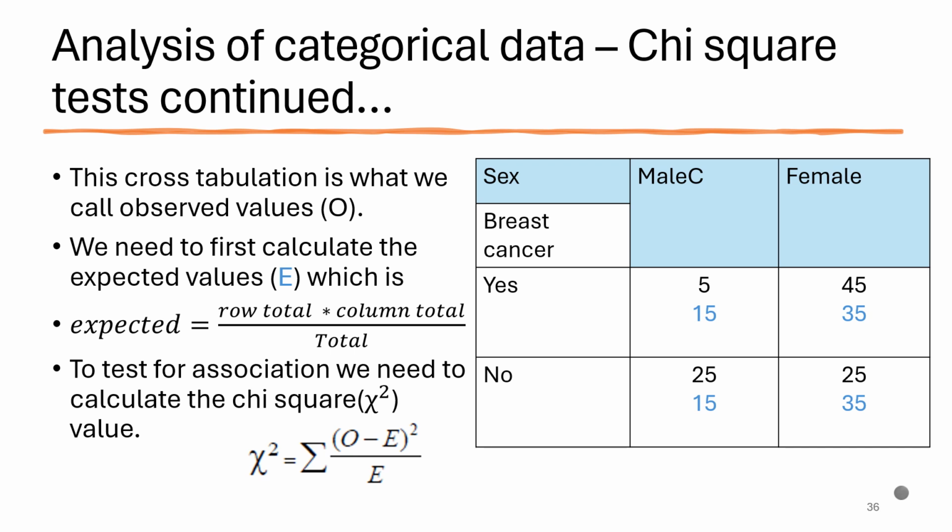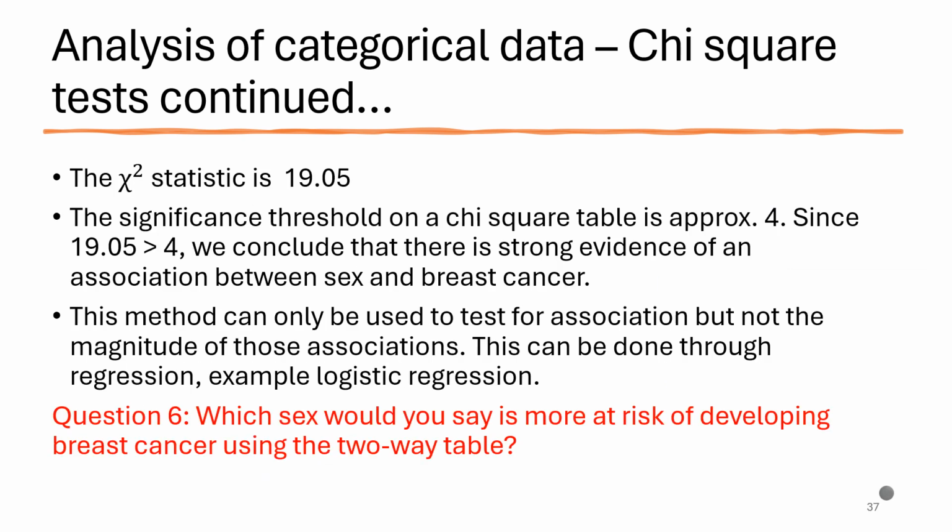So to get the chi-square statistic that's required for this test of association, the formula is given. It's the summation of the observed value minus the expected value, all squared, divided by the expected value, right? So in this case, our chi-square statistic is 19.05.